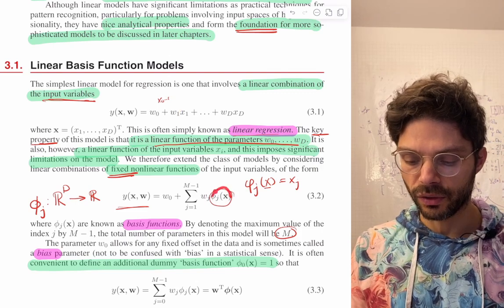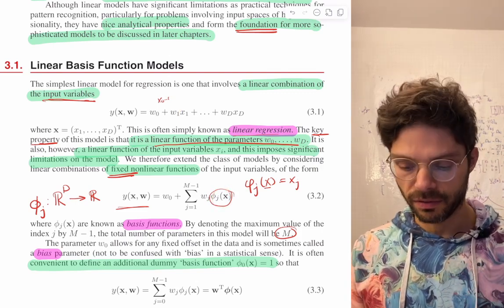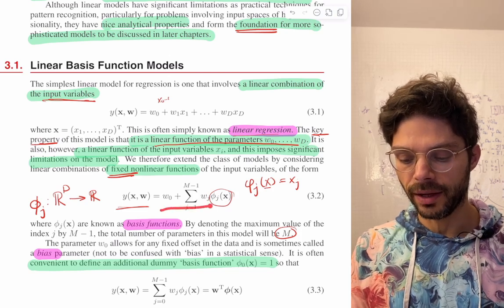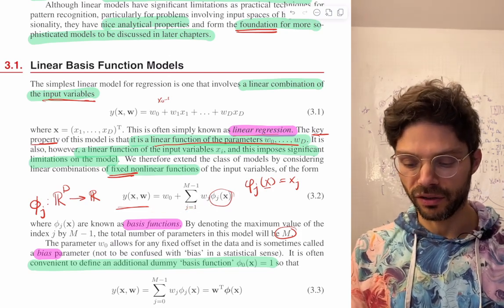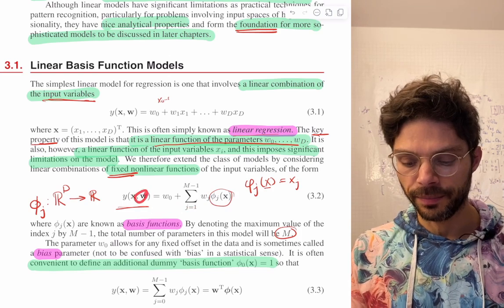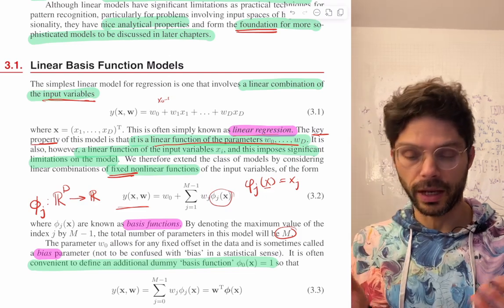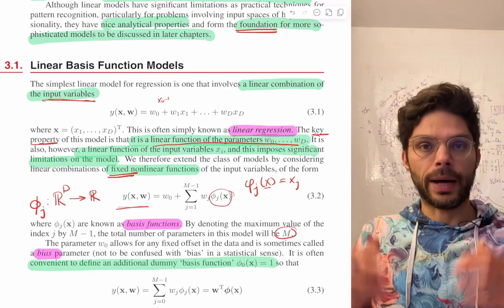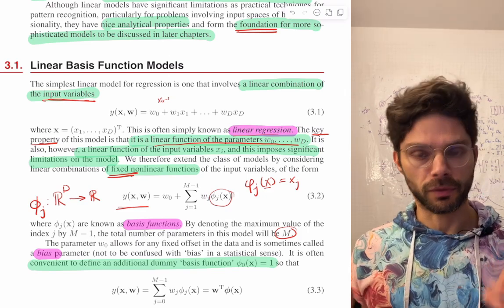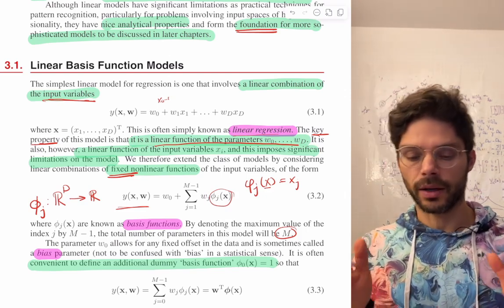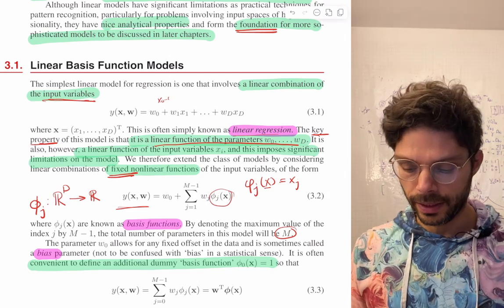We can use arbitrary basis functions while still maintaining the benefits of linearity, because what we care about is linearity in the weights, not the features themselves. By doing that, we open the door to more useful features for the data that we're studying. So that was the main idea.